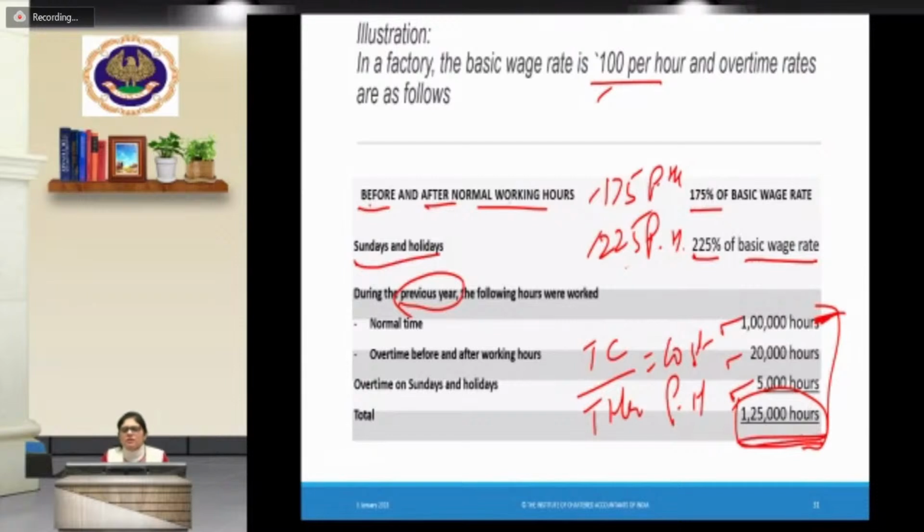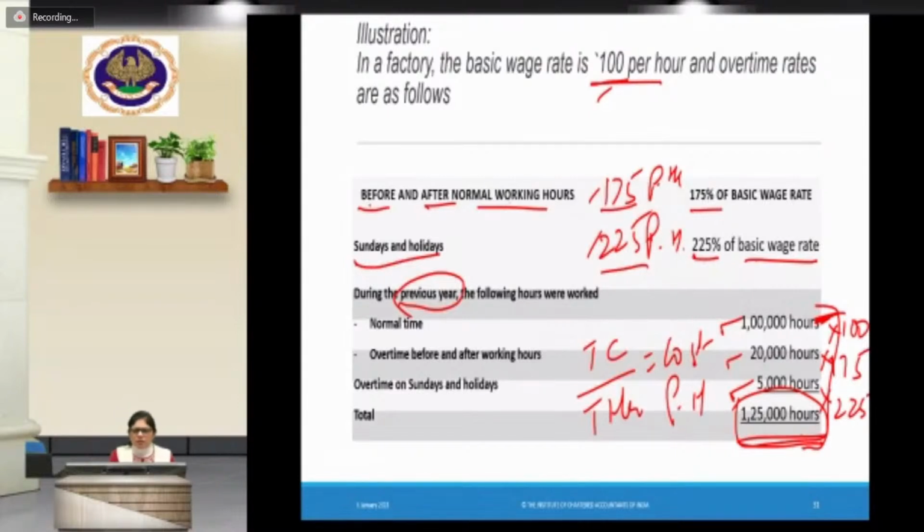So it's a normal rate here. 1,25,000 hours are the normal hours, at 100 per hour, 175 and 225 per hour. So 1 lakh hours into 100, 20,000 hours into 175, 5,000 hours into 225. This is the normal cost of an organization.